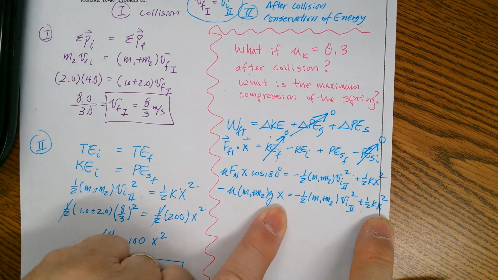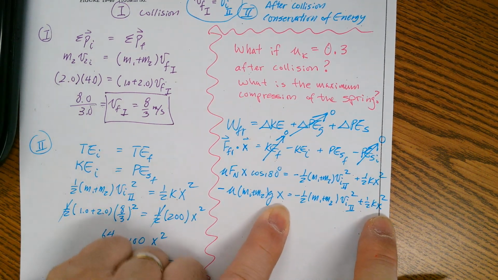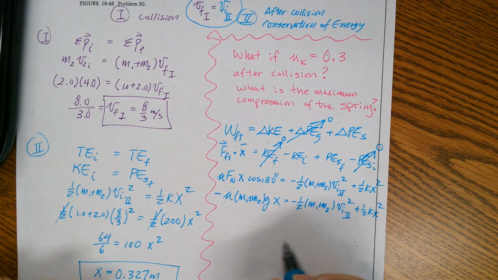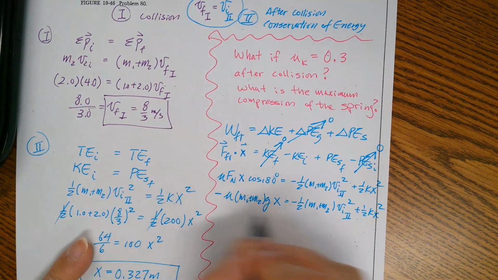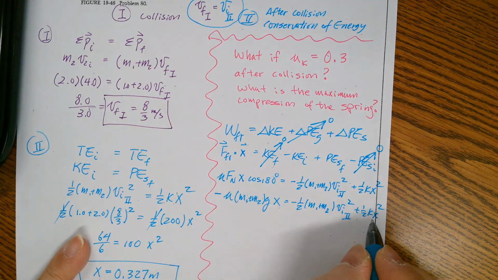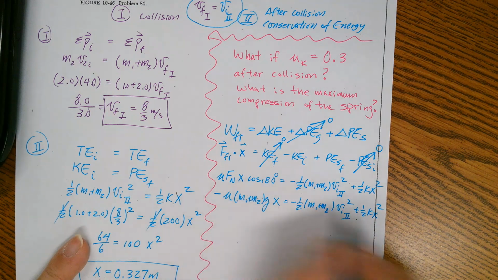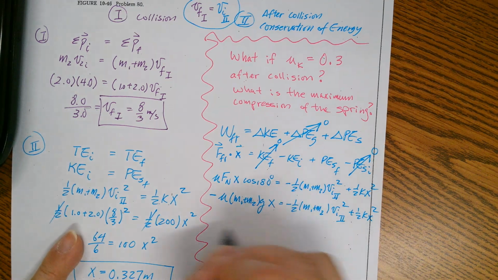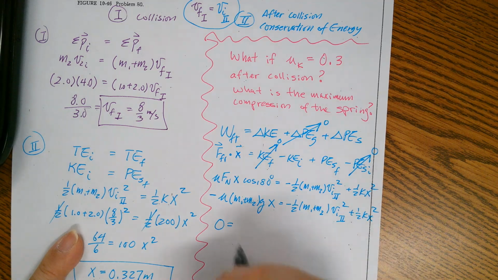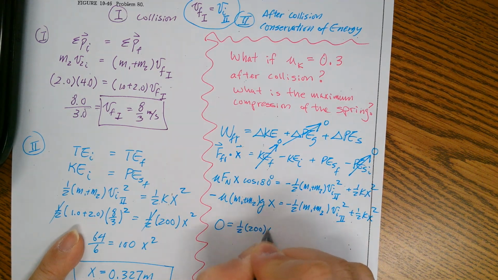You're probably going to have to use the quadratic formula to figure out x. So let's plug in some values and set this equal to 0. 0 is equal to, putting the higher order term first, 1/2 times 200 times x squared.